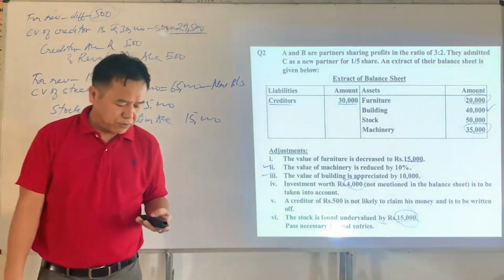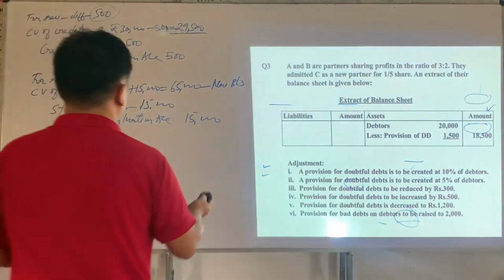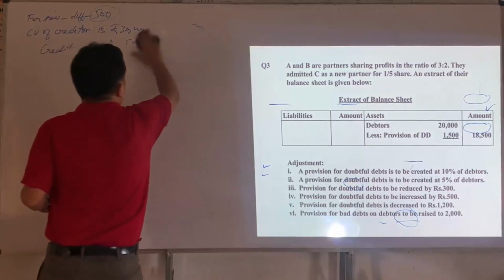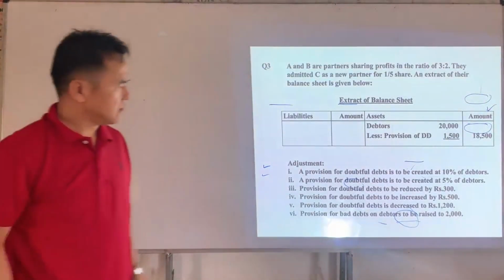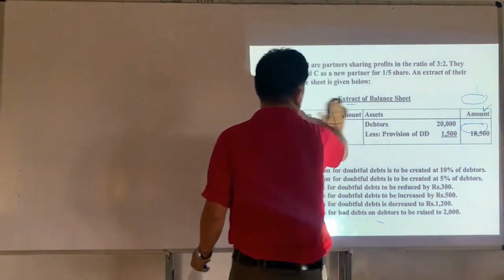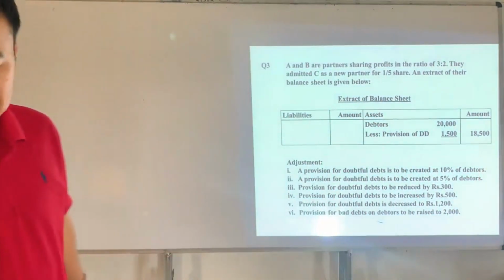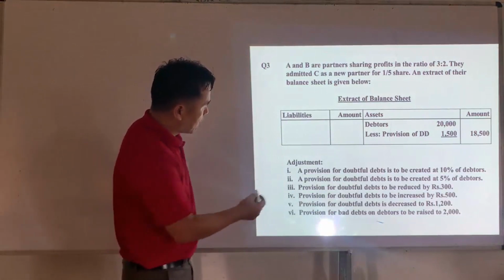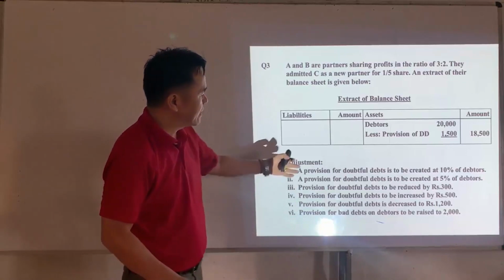Okay, now we will do the third and the final question. Here we can see that all the adjustments are pertaining to provision for doubtful debts.